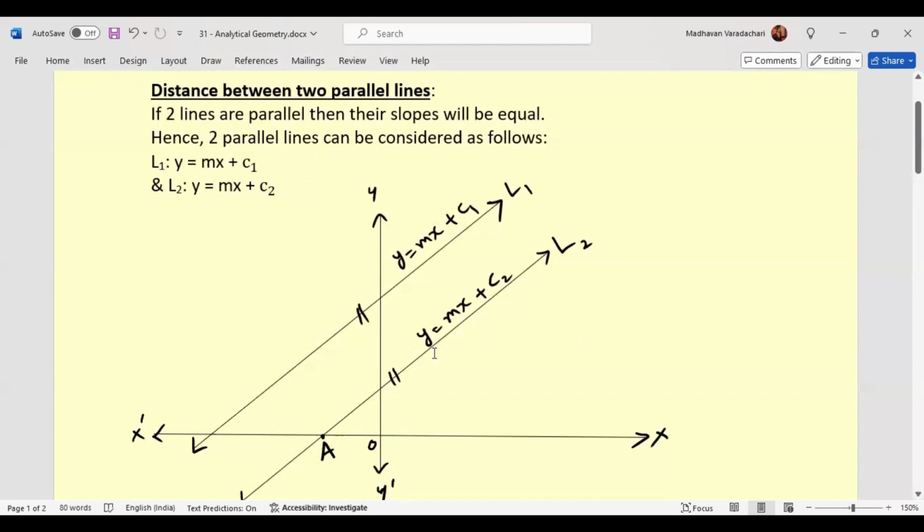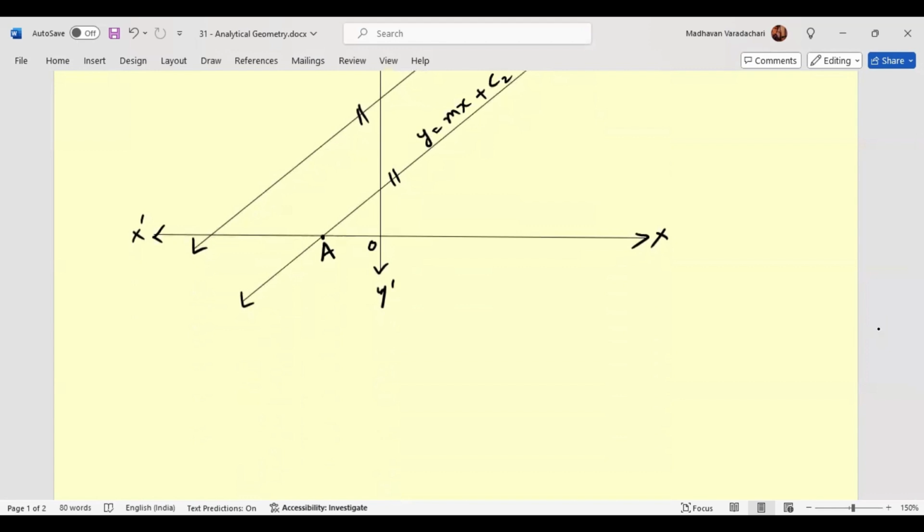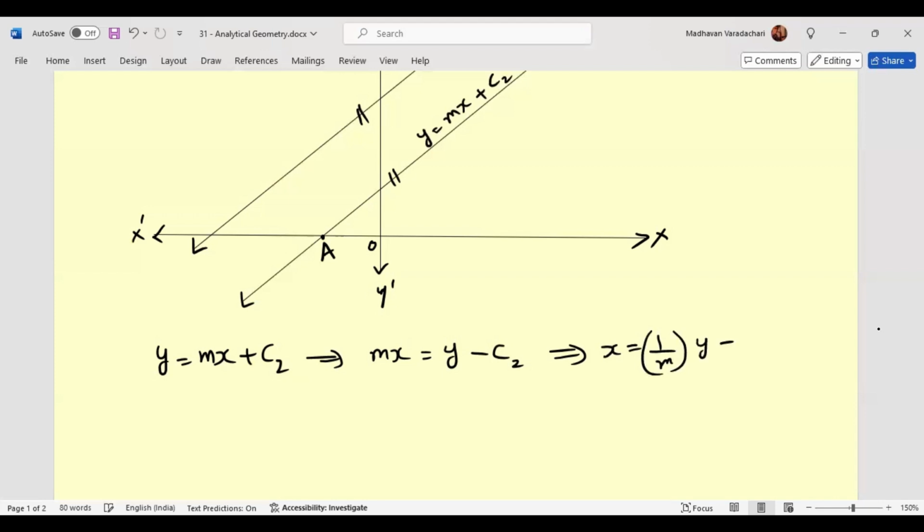For that, this line, that is y equal to mx plus c2 line, we will convert it in terms of x. Means L2 is nothing but y is equal to mx plus c2. That means mx is equal to y minus c2, which means x is equal to 1 by m times y minus c2 by m.